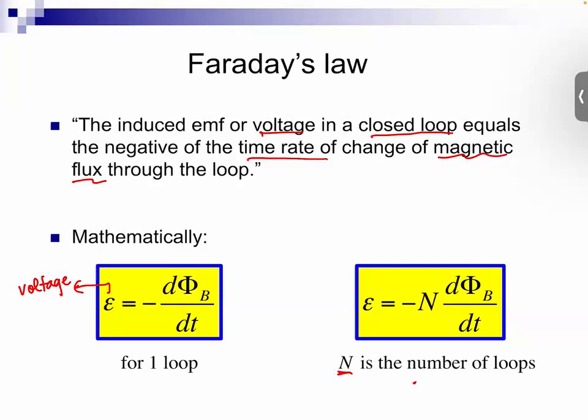So you have this d over dt, which is the rate of change. Whenever we say rate of change, it's how fast something changes. So because you have this d over dt, that tells you that it's how fast the magnetic flux changes that influences how much voltage is created in the loop.